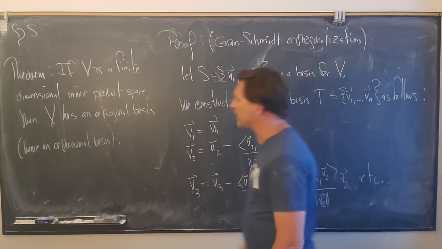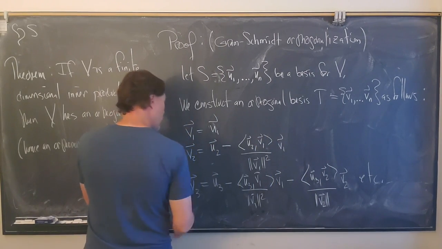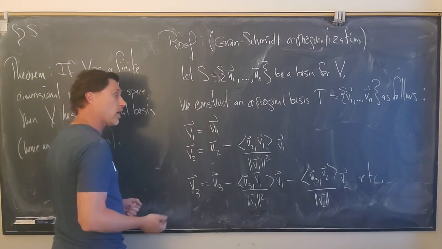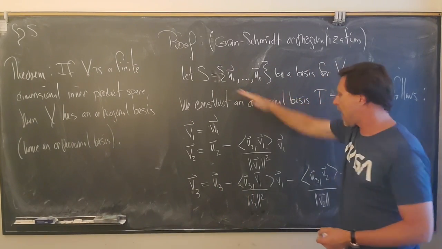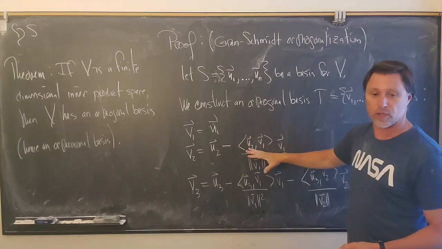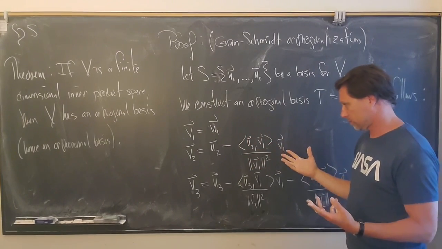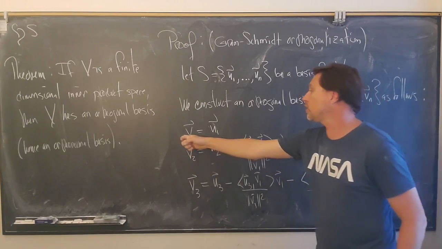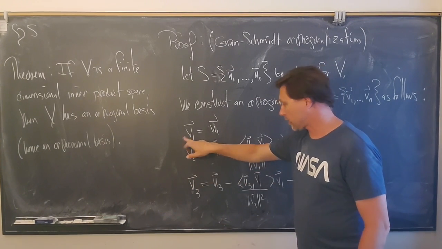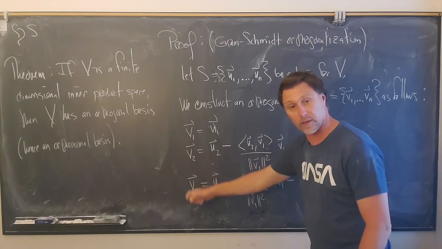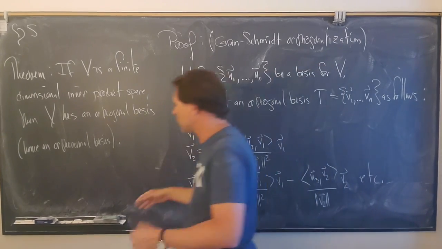Okay, so let's see this in action now. But there's the proof. You can check that this actually is an orthogonal basis. The idea is you start off with this original basis, and then you subtract off the portion that's making it not orthogonal, and you create this new vector. If you take the inner product of these two, you will get 0. Take the inner product of this and this, you get 0. It's rigged to work.